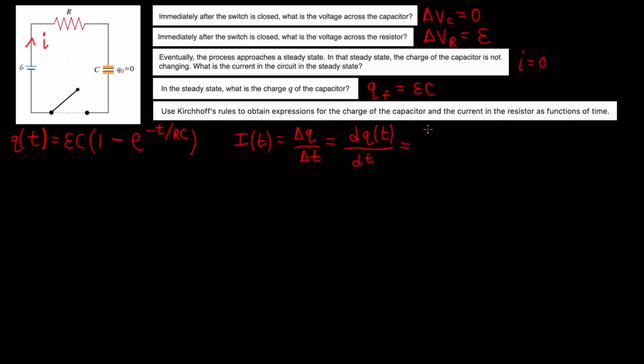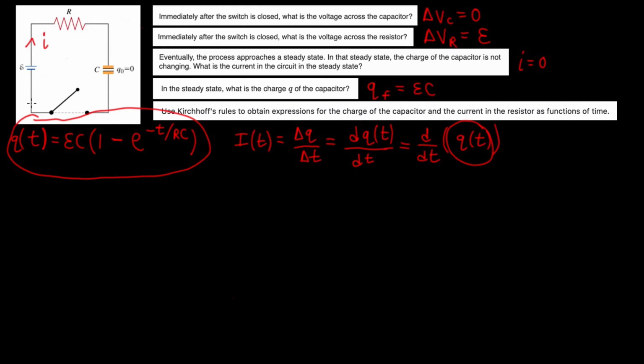So another way to rewrite this is that the derivative with respect to time of the charge is equal to the current. But now we're taking the derivative of the charge with respect to time. But remember that we already found the charge, and it was given by this entire expression right here. So all we have to do is just take the derivative of this circled expression, and then we would get the current in the resistor as a function of time.